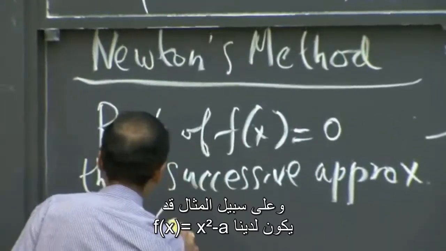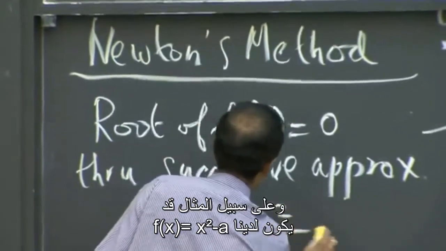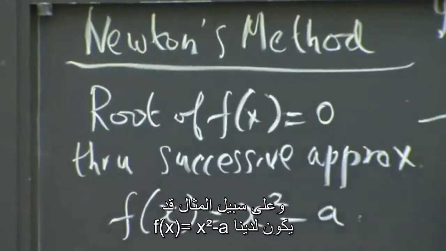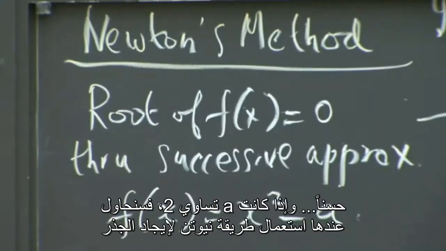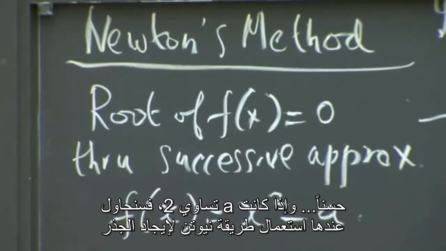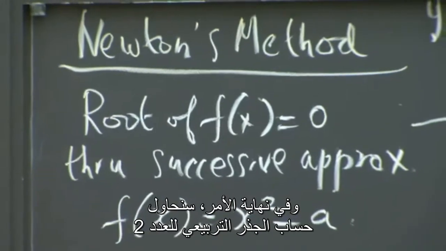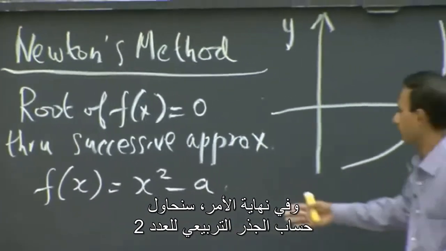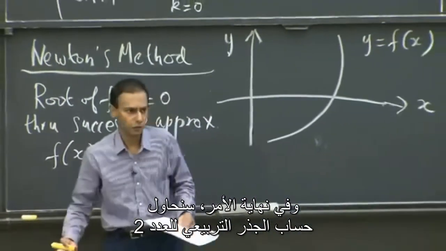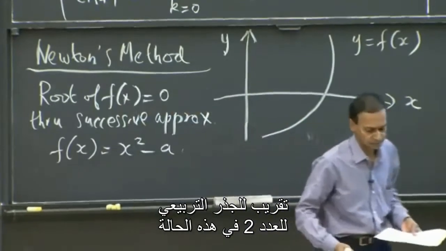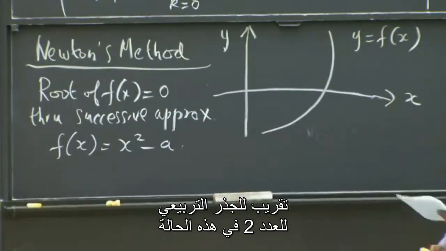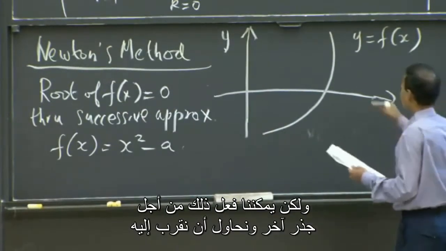And for example, we might have f of x equals x squared minus a, right? And if a is 2, then you're trying to use Newton's method to find the root, and you're going to end up with trying to compute square root of 2, or plus minus square root of 2 in this case. But you can go for a particular root, and you'll try and converge to that.